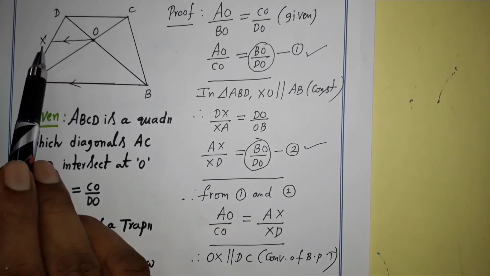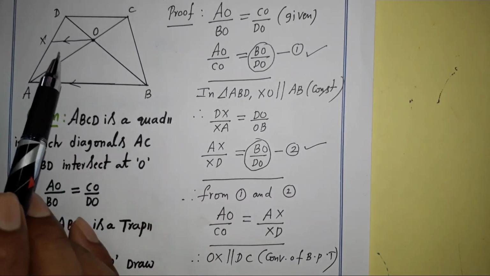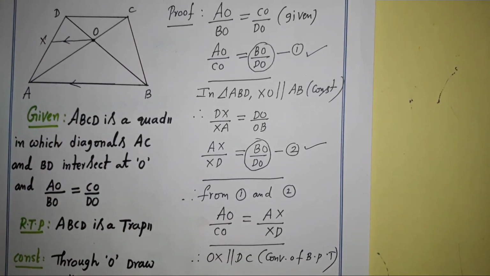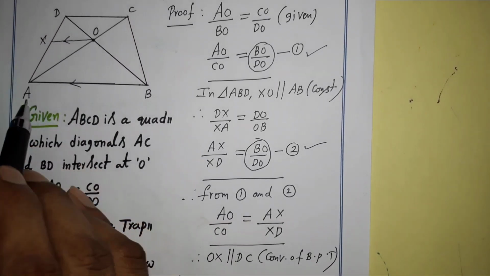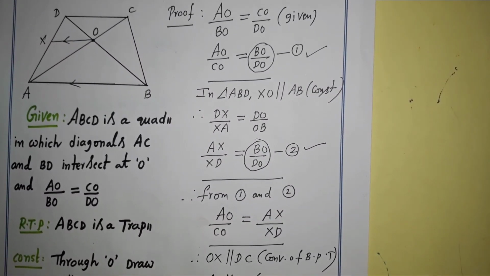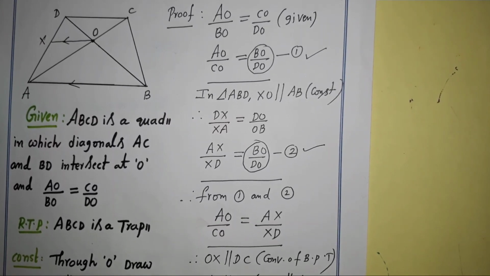In the construction, we have taken OX is parallel to AB. Now we got OX is parallel to DC. Therefore, immediately you can write AB is parallel to DC, because OX is parallel to AB and also OX is parallel to DC.